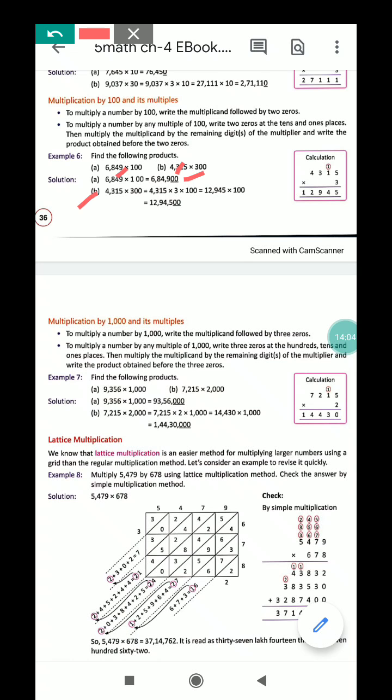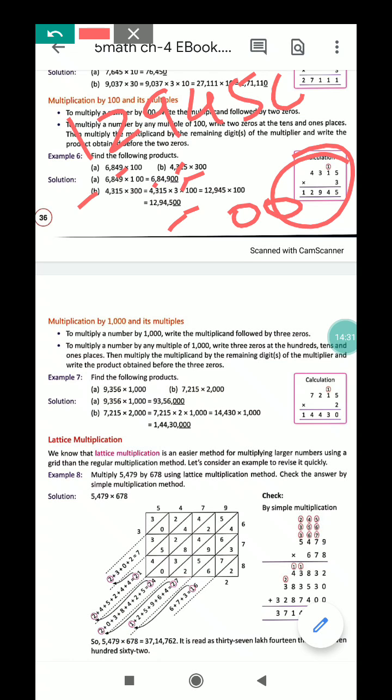And in B, what we have done, we have written 2 zeros and then multiplied this number by 3. So the calculation is here, so we will write the calculation. After that, we will put 2 zeros. That means what we have got, 12945. This is the multiplication of 4,315 into 3, and after that we will put 2 zeros for 300.